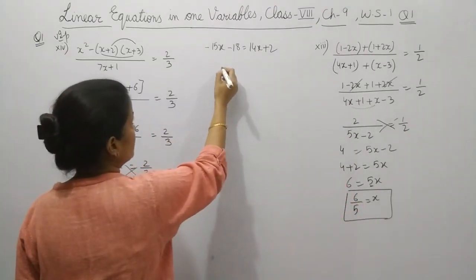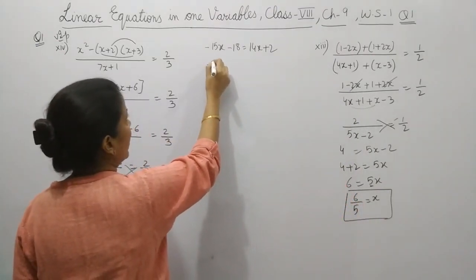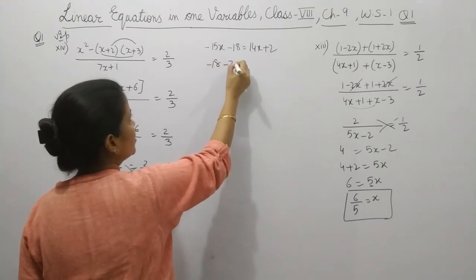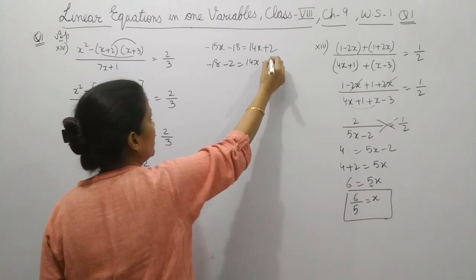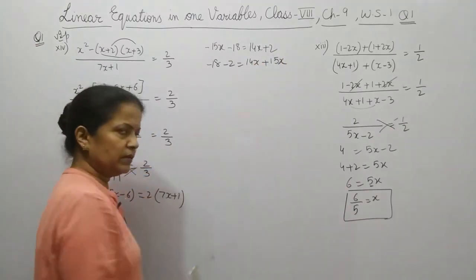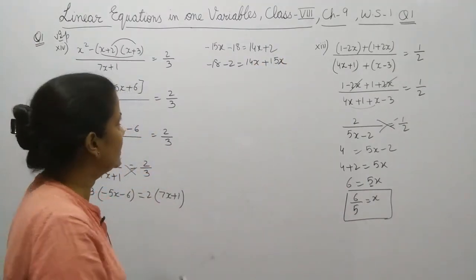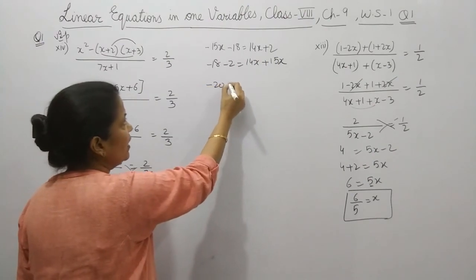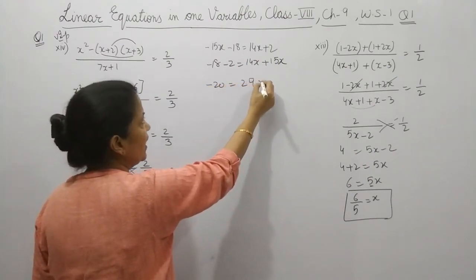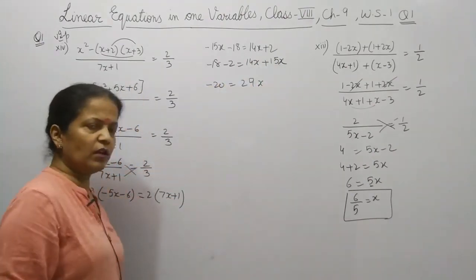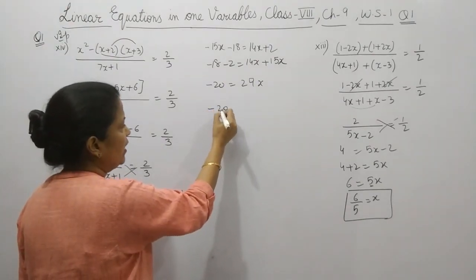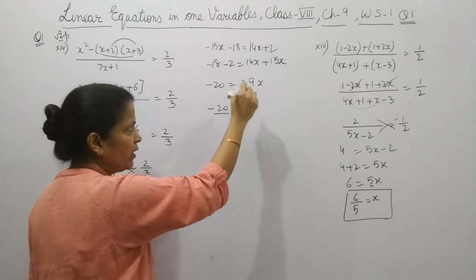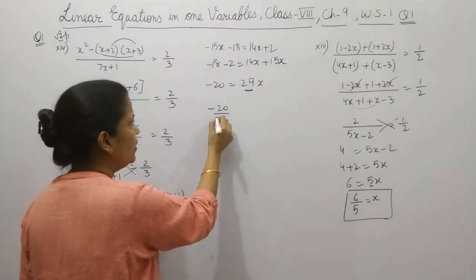Now, shift the term: minus 18 minus 2 equals 14x. Shift this minus 15x, so plus 15x. I think it's clear. Now, minus 20 equals 29x. 14x plus 15x is 29x. So minus 20 upon this 29 will come in the denominator.